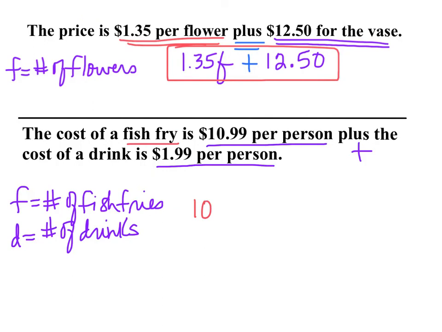So that would be $10.99 times F plus, and then this is going to be $1.99 per person for the cost of a drink, D. So this right here would be $10.99. You'd multiply that by the number of fish fries plus $1.99, which is the cost of the drink, and the number of drinks.